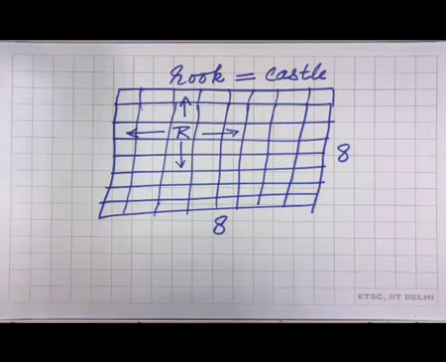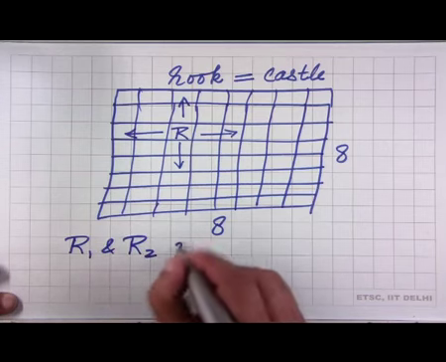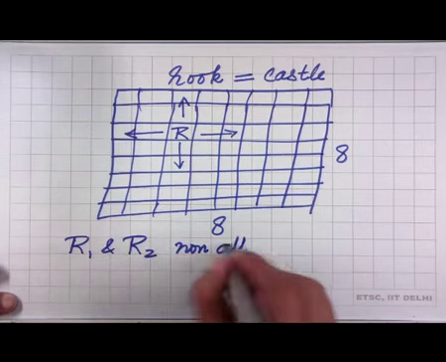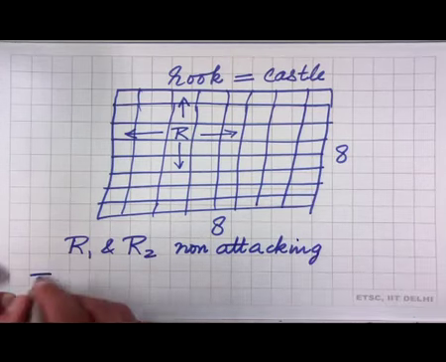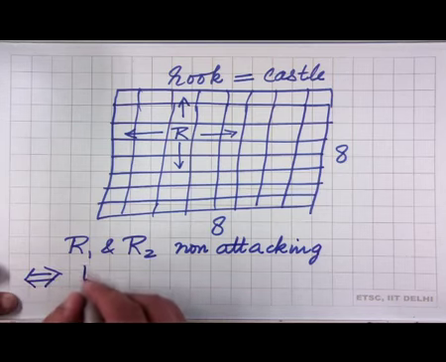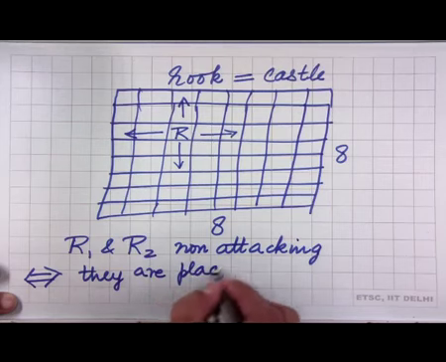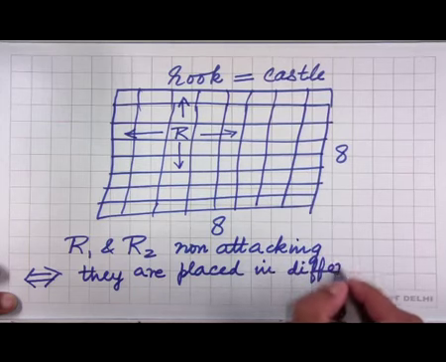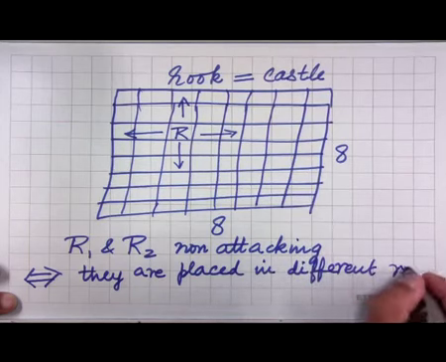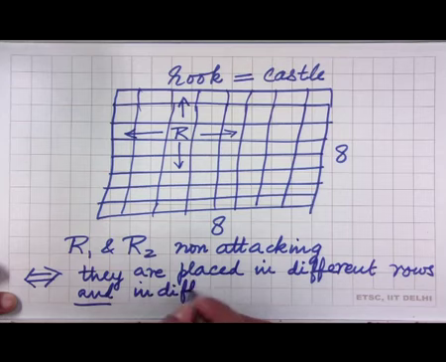So when you say 2 rooks, let's say R1 and R2, are non-attacking, it means simply that they are placed in different or distinct rows and also in distinct or in different columns.